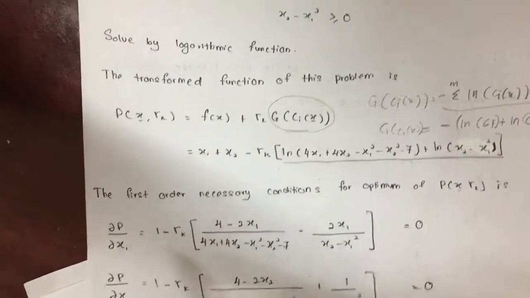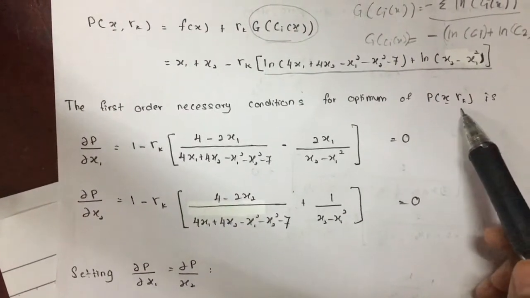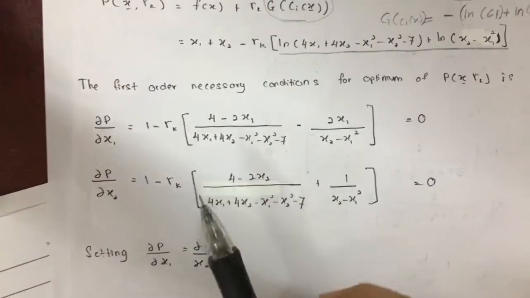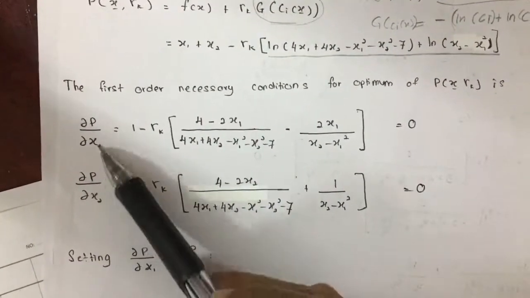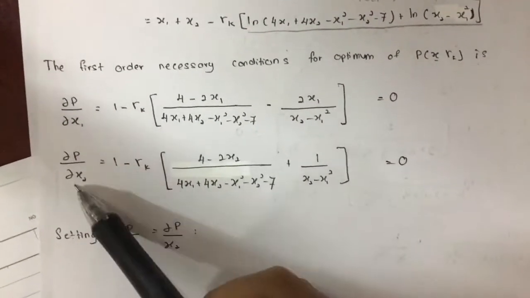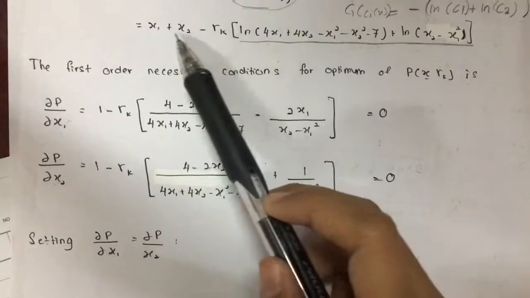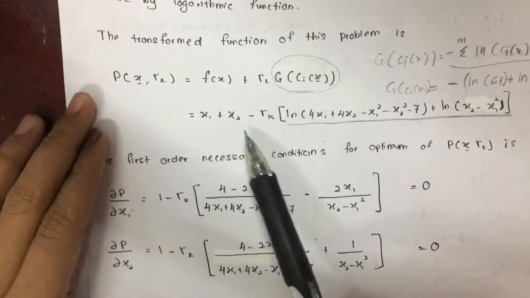So the first order necessary conditions for optimum of P(x, rk) is, we have to make a partial differentiation with respect to x1 and x2 because there are two unknowns, x1 and x2.